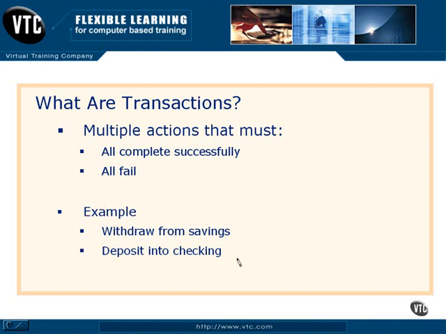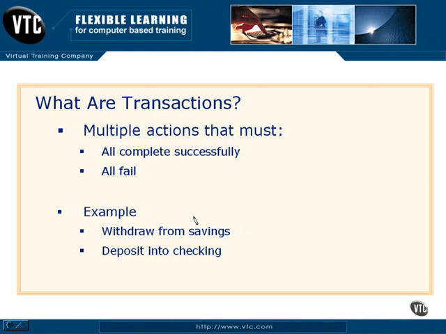Well, let's go the other way. What if the withdrawal from savings doesn't work? So you try to withdraw $1,000 from savings, but that fails. But then it lets you deposit $1,000 into checking. Well, you and I would be spending all night online on the bank's website depositing money into our checking accounts, right?